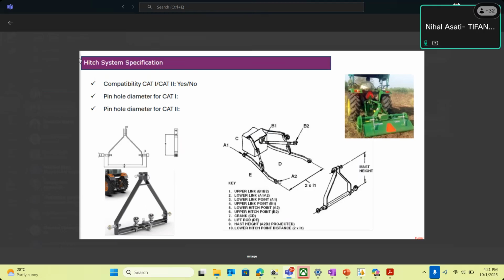You need to consider the same parameters while designing your 3-point hitches, and they should be compatible with both Cat 1 and Cat 2. So this is specific about our Category 1 and Category 2 requirement as per the rule book, and also as per the practical case, which is directly attaching it to a tractor, and it should not face any challenge.